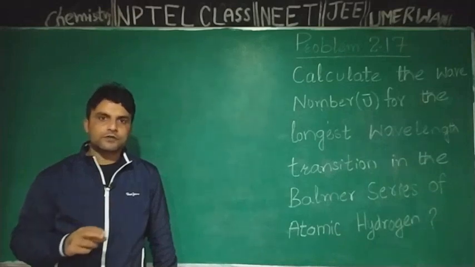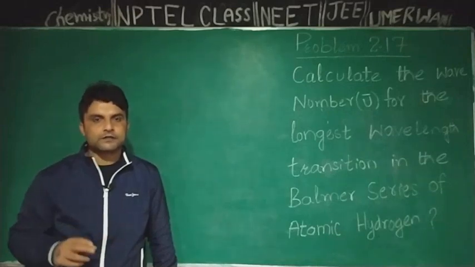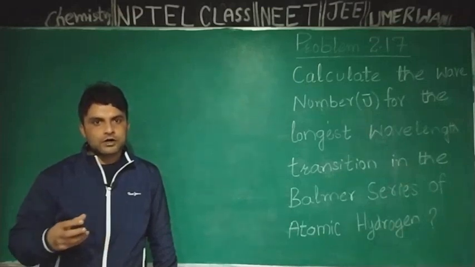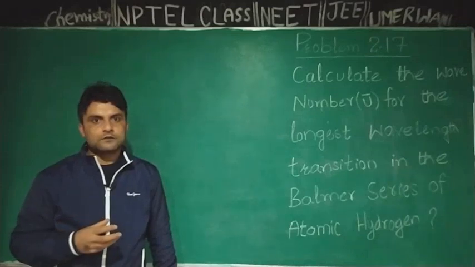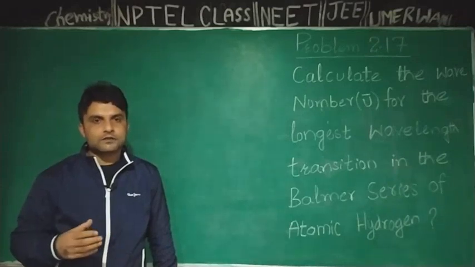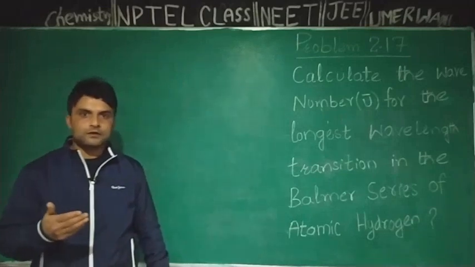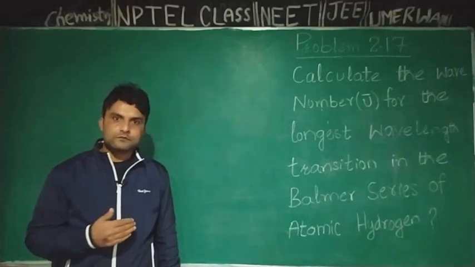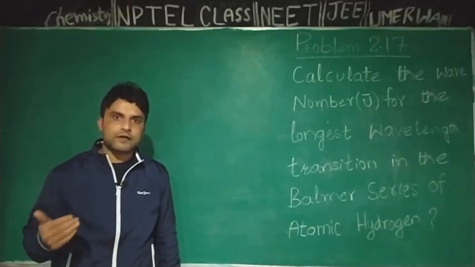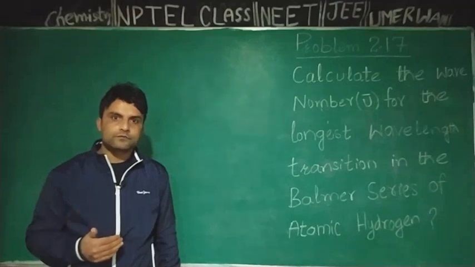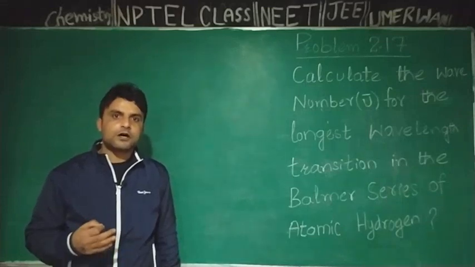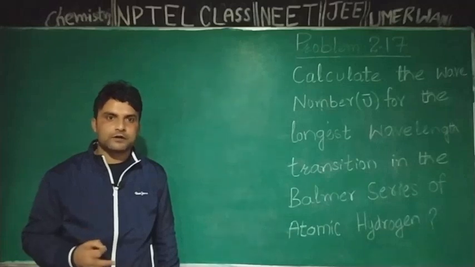So different routes will involve different electron jumps, different electron transitions, and when we record the electromagnetic radiations emitted during de-excitation, we will get a series of lines, and each line will correspond to a photon of particular wavelength, particular frequency, or more commonly used, particular wave number.